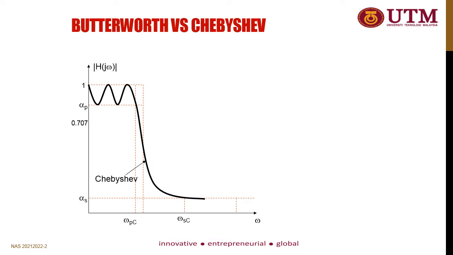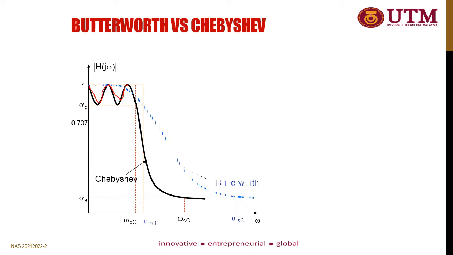Let's look at the comparison between the Butterworth and Chebyshev. The graph shown here is for Chebyshev. You can see that the frequency response of the Chebyshev filter has ripples at the passband, while it has a fast roll off. The slope goes down quite significantly before it reaches the stop band area, so the signal attenuates quite fast.